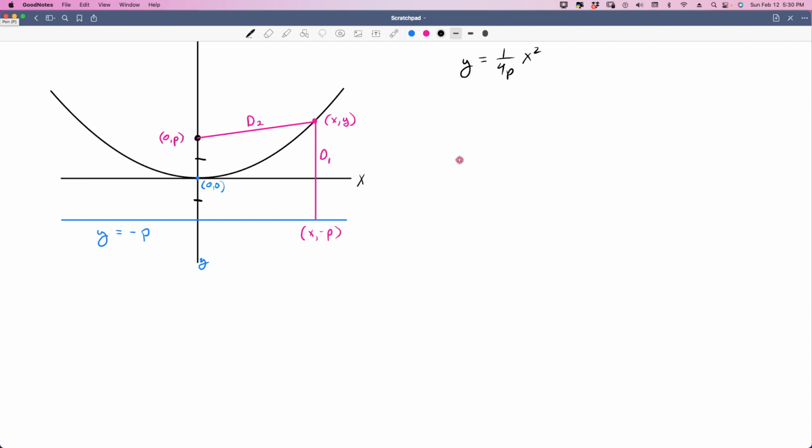So let's look at what we have here. We have the focus at (0, p). The vertex is at the origin. The directrix is the horizontal line y is equal to negative p, where the distance from the vertex to the focus and the distance from the vertex to the directrix are congruent.